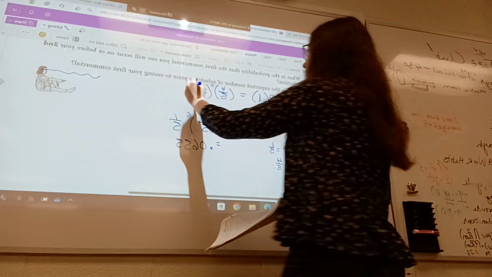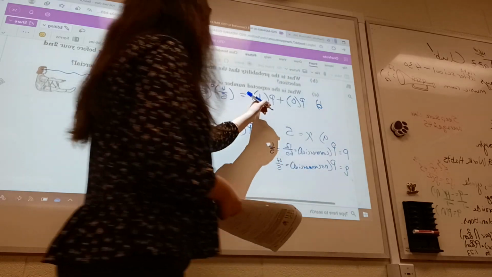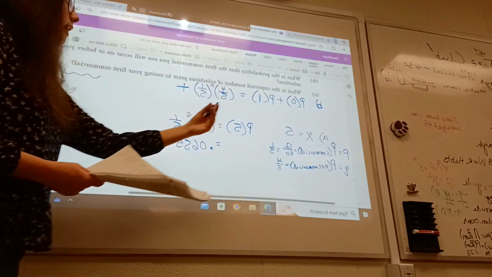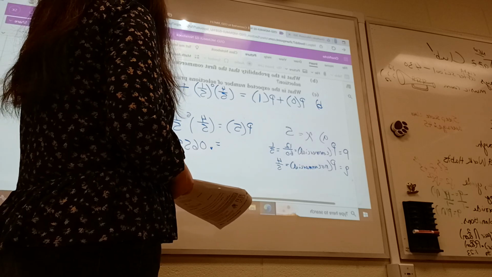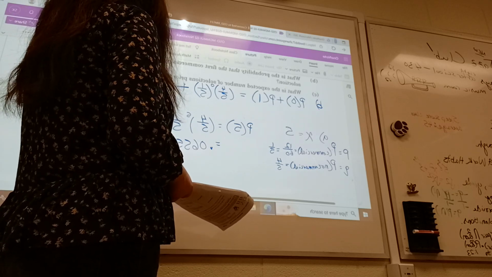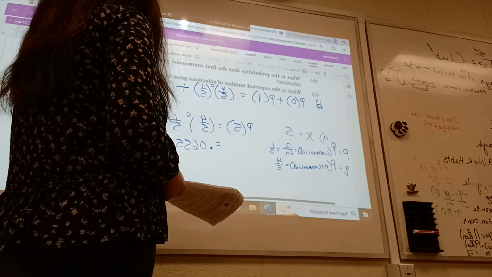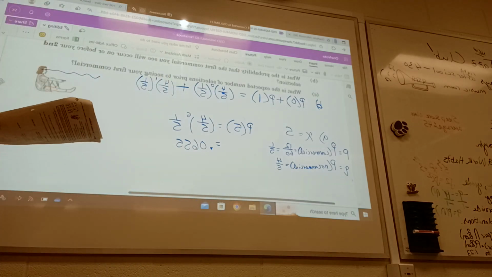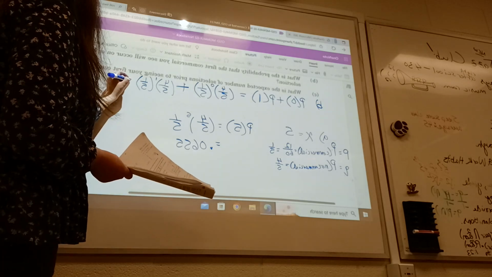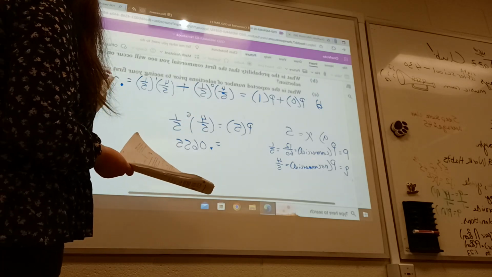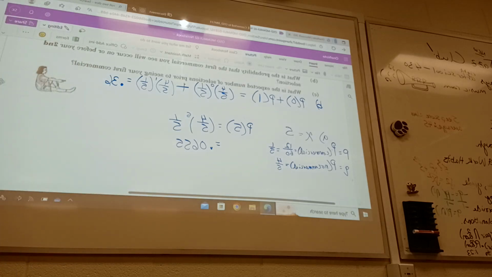And then plus the geometric distribution when the number of failures is 1. So that would be 0.36. There's a 36% chance that the first commercial you see will occur on or before your second channel change.